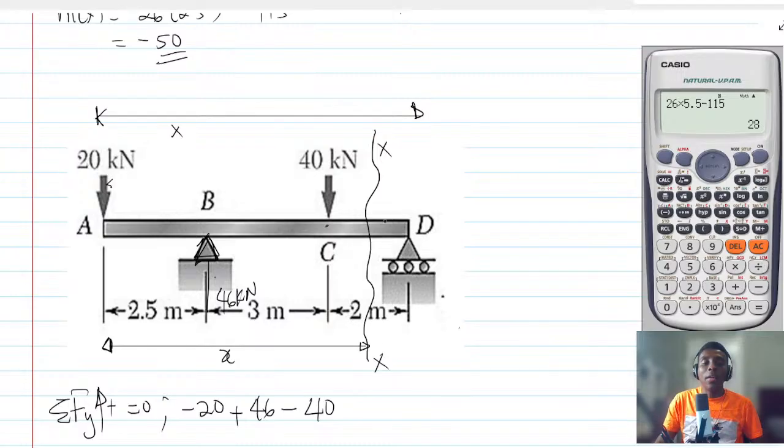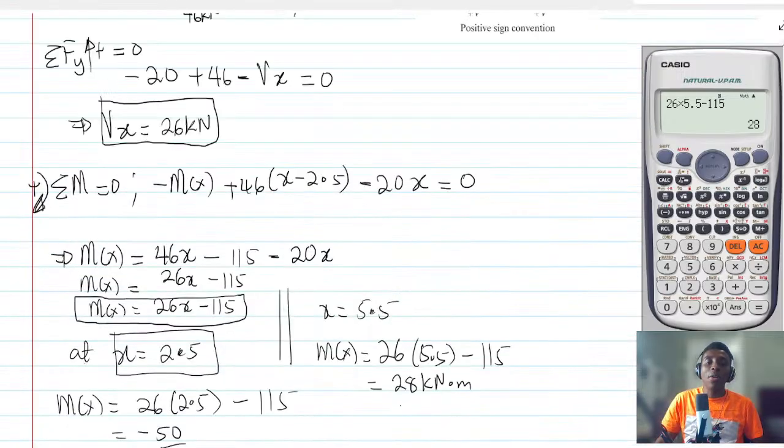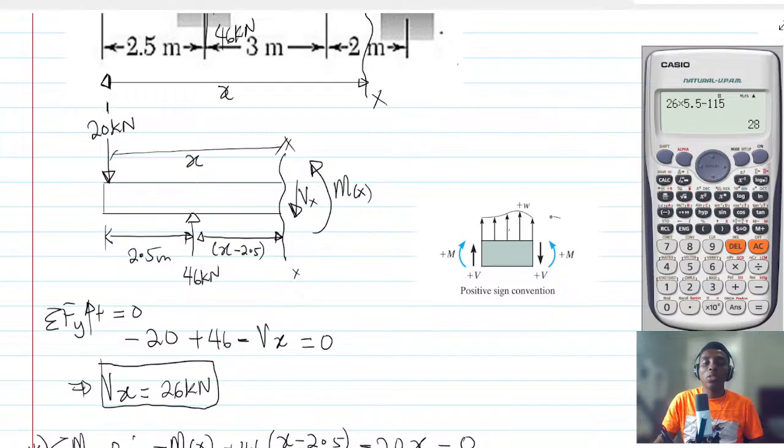And then there will be shear force here. So the shear force here will come down as Vx, and then moment will go this way, just like how we have been doing it. So this one, shear force will come down and moment will go that way.